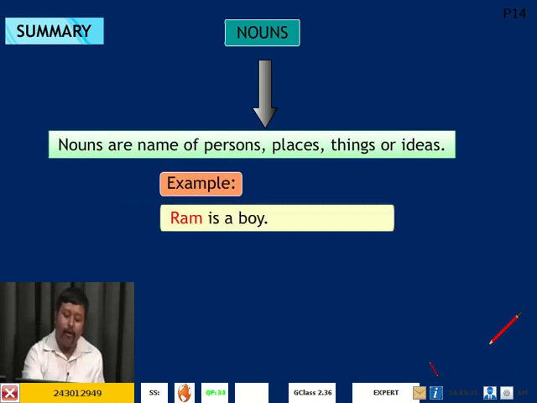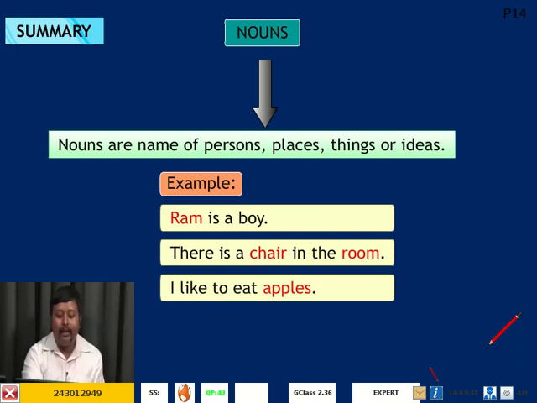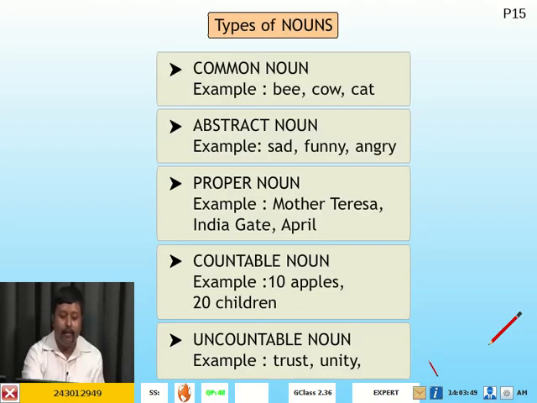Then examples would be what? Ram is a boy. Which one is your noun here? Ram. There is a chair in the room. Chair and room are your examples. Then I like to eat apples. What is my noun here? Apples, right? Then types of nouns. What are the types of nouns we have?